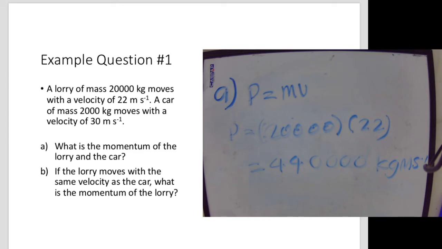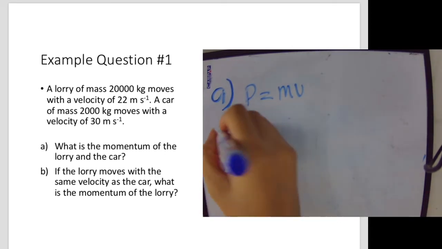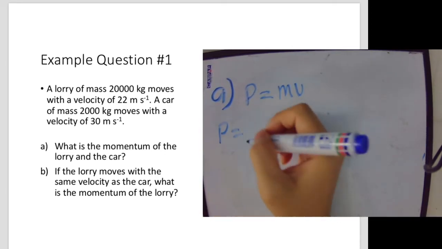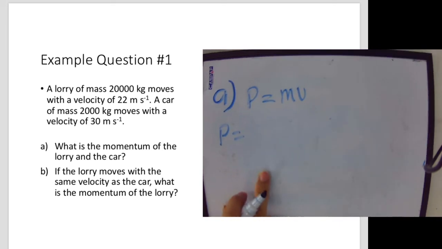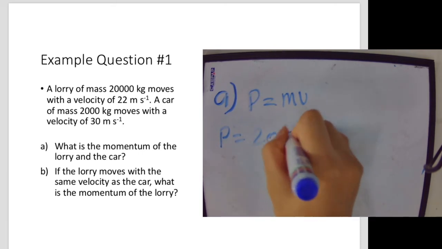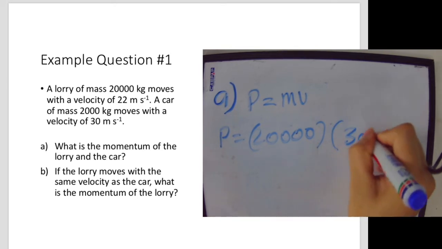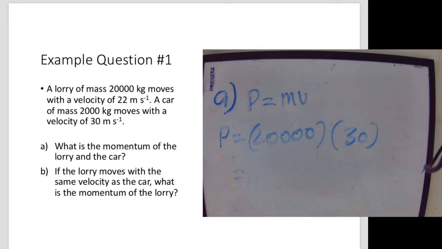Okay, so 600,000, yeah, most of you have the same answer. Let's just double check. So momentum P, mass is 20,000. And this time the velocity is as fast as the car, so the car is moving at 30, and so we get a total of 600,000.